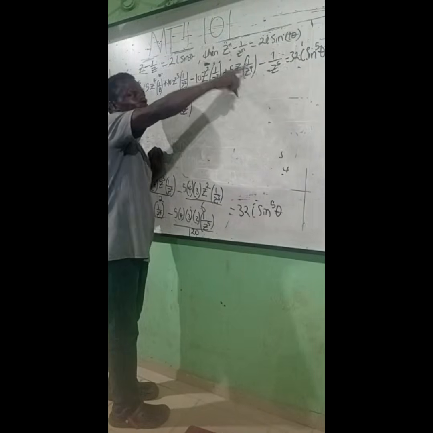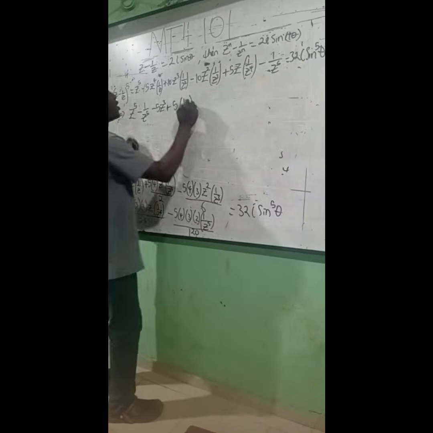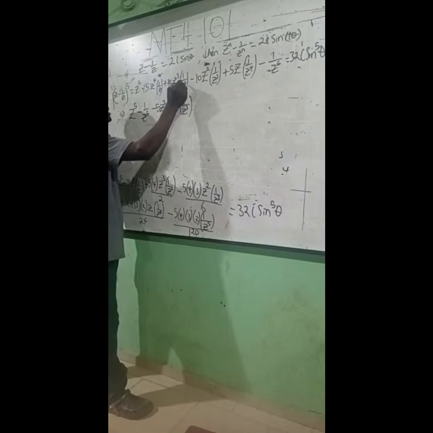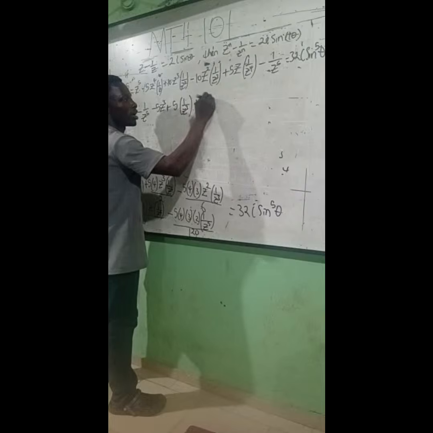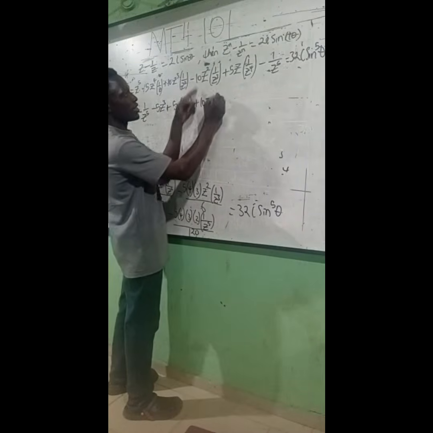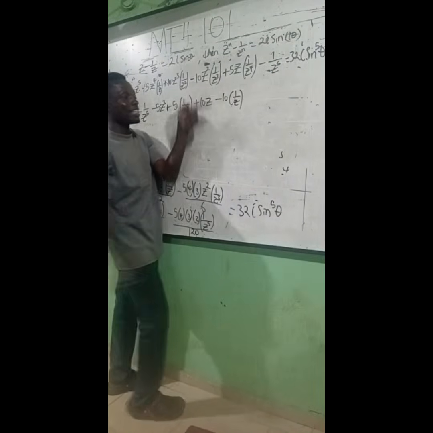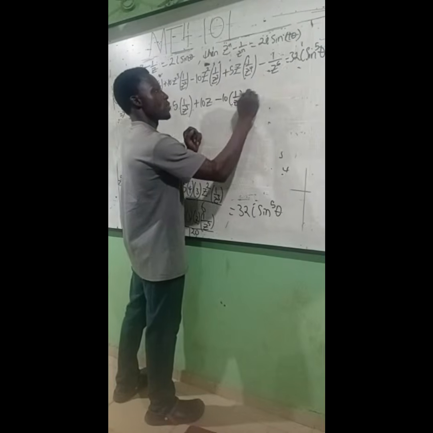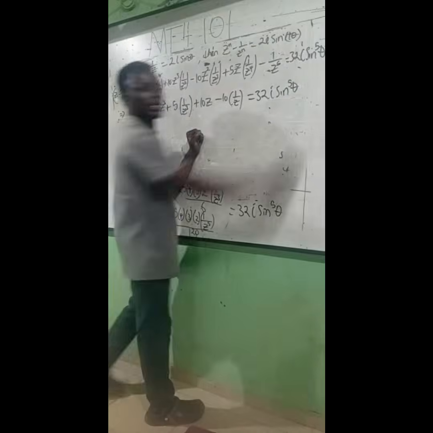You have 3 left here. 5 times 1 over Z cubed. Then here we have this Z square. If you remove 2 from here, it will remain 10Z. Agree? So this one will be minus 10 times 1 over Z, right? Equals 32i sin to the fifth power of theta.